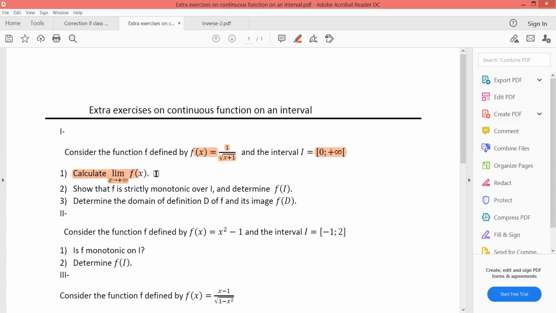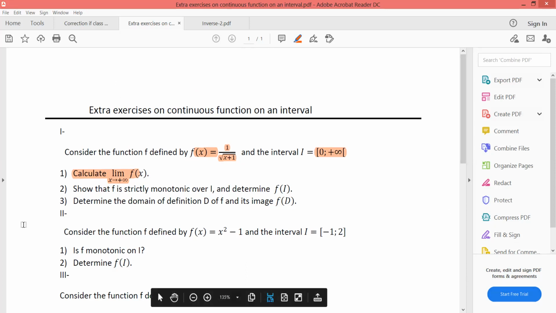How much will you get at infinity? The limit becomes 1 over infinity. A number over infinity gives zero.